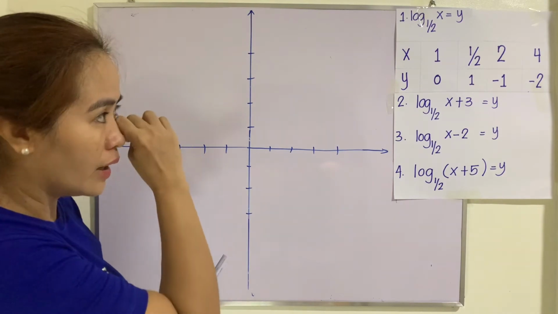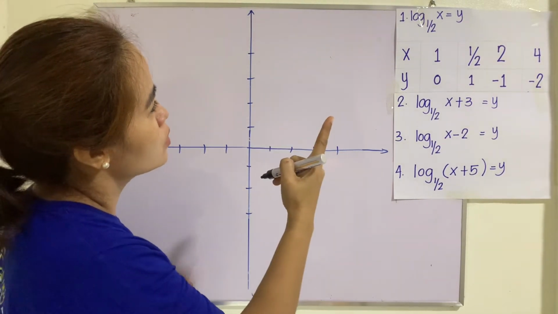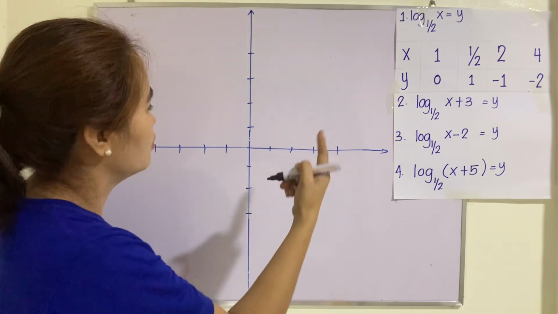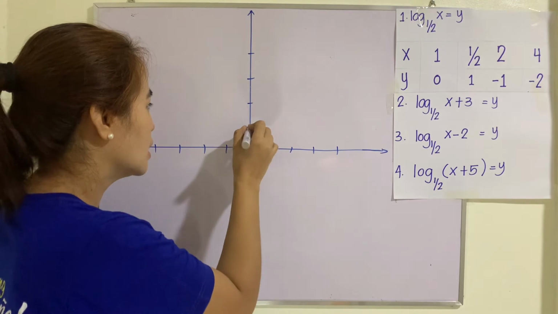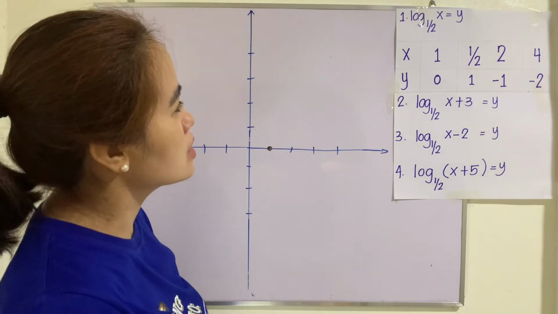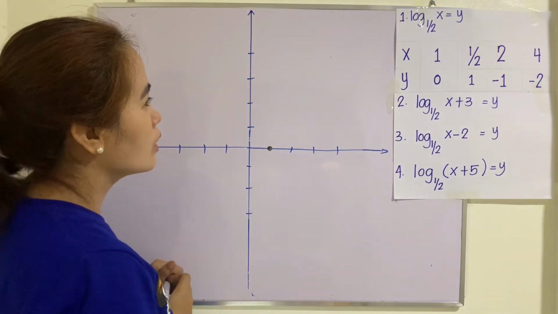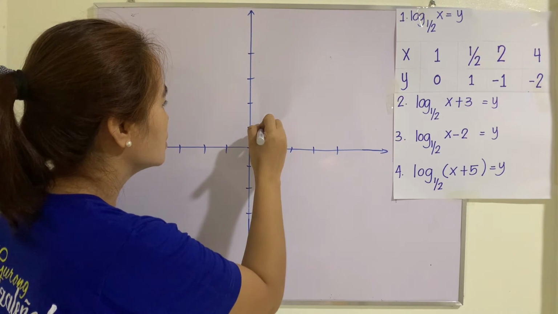Okay, we have x is equal to 1, 1/2, 2, and 4. So if x is 1, that will be 0. Next, if x is 1/2, that will be 1.